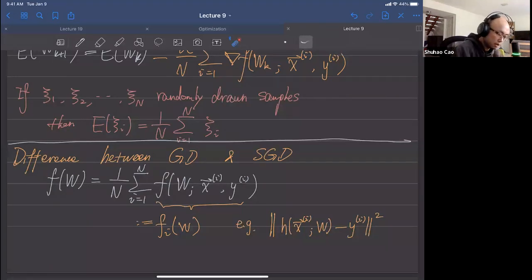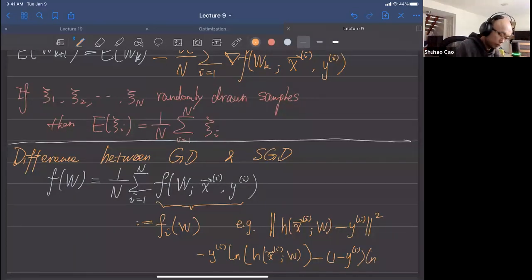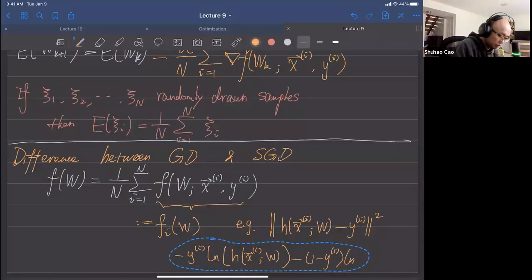The other example is minus yi times the natural log of h of xi w, minus 1 minus yi times the natural log of 1 minus h of xi w.